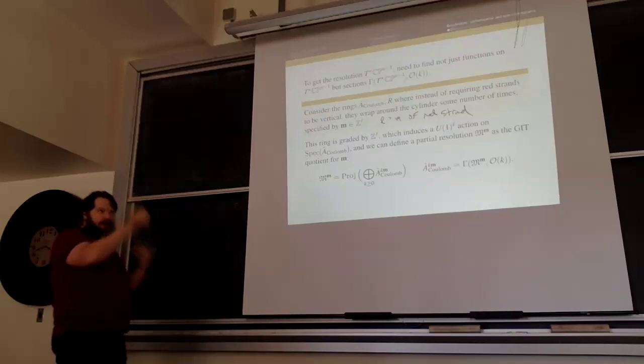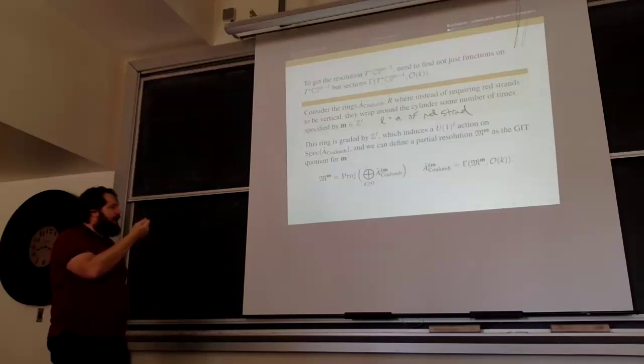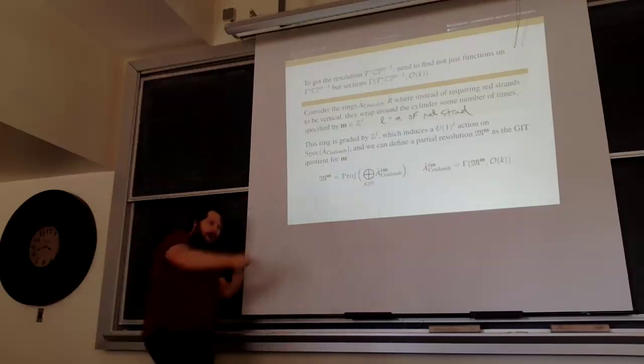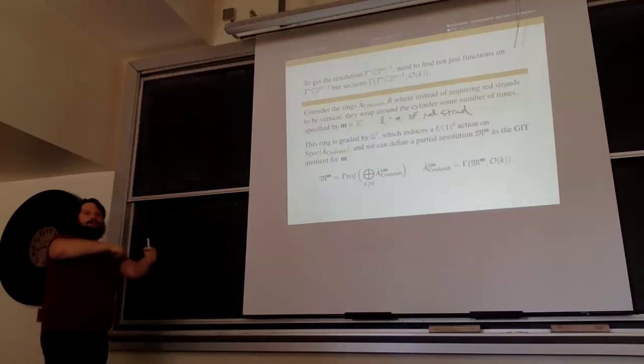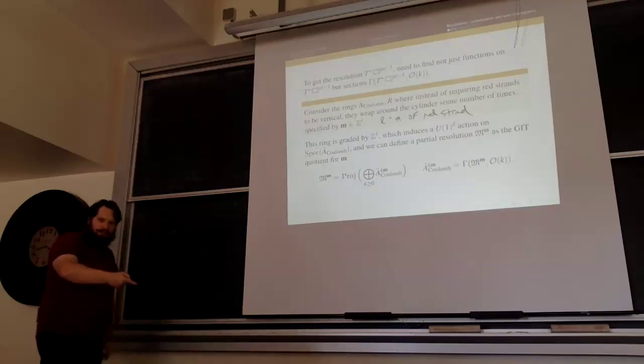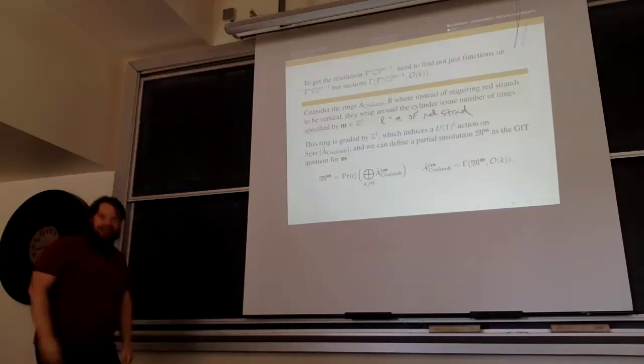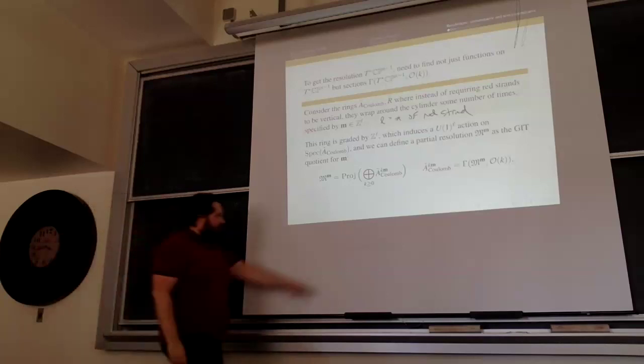If I want to be generic, they should all be different. And I look at them winding around that many times, twice that number of times, 3 times, 4 times. That's a graded ring where there's another grading in the picture, which is this K.